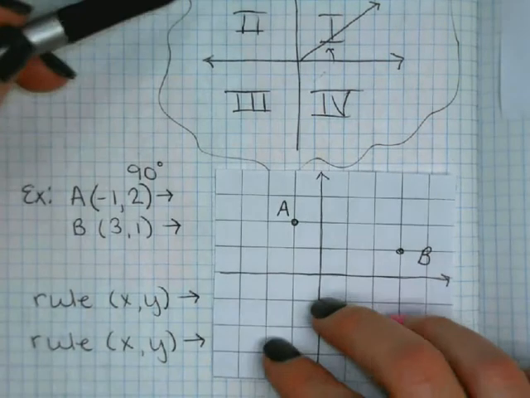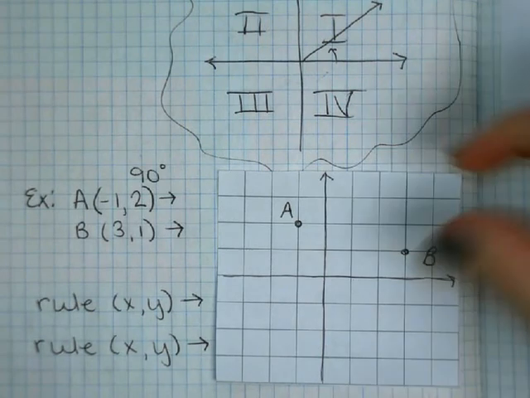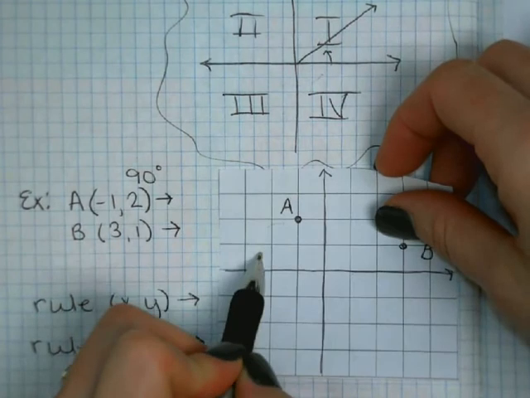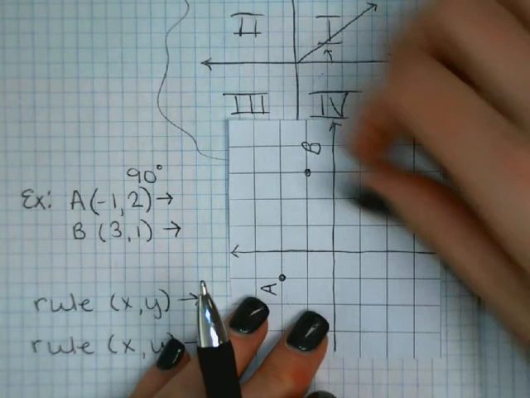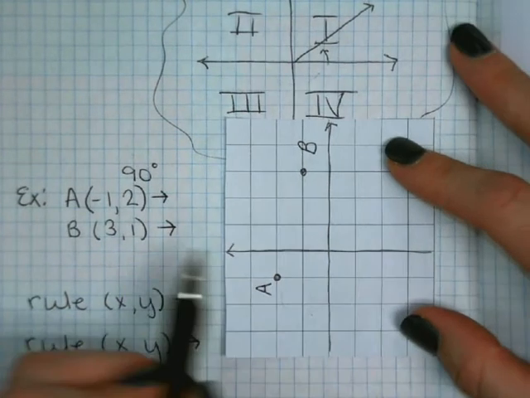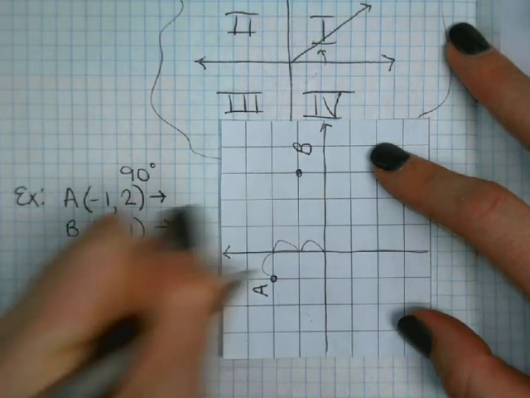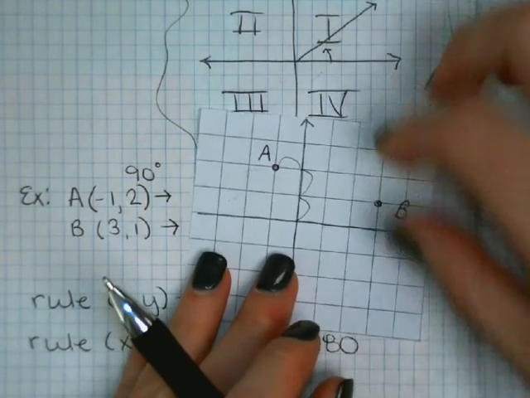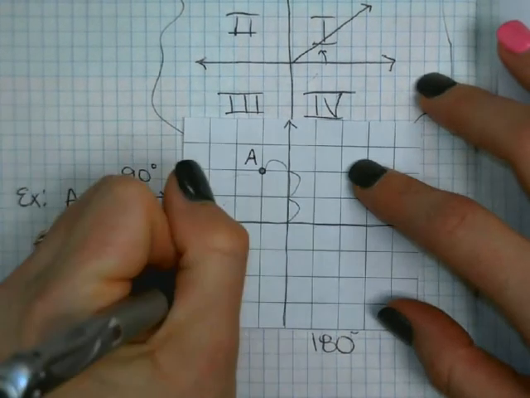Point A is at (-1, 2), and I want to rotate point A 90 degrees in a counterclockwise direction. If you can plot this, and you have movable paper, which most of us should, then all I have to do is turn it. If I'm turning it to the left, I'm going to physically turn my paper left. Now I want to count the points. Now it's at (-2, -1).